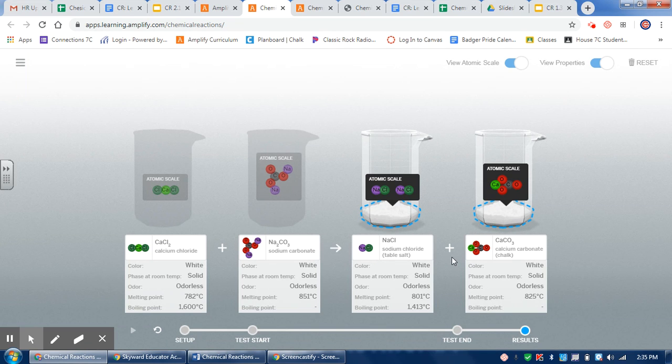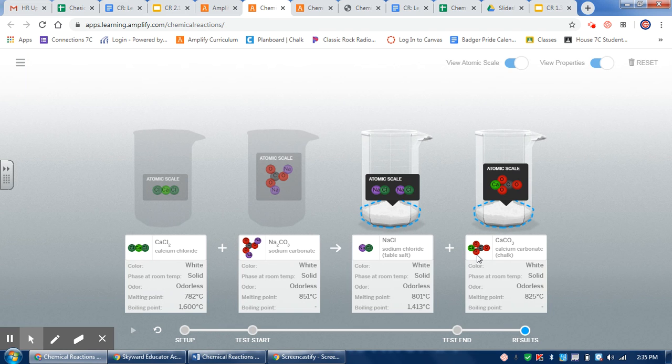Therefore, we must have a different substance after the mixing. Same thing with the sodium carbonate. We have two purples, three reds, and a gray. Afterwards, after mixing, we don't have that same arrangement of atoms. So that gives us another clue that we couldn't see in activity 2, that we have a brand new substance.